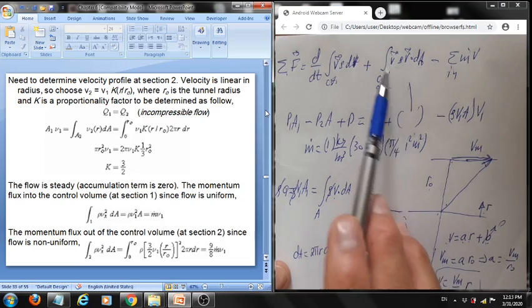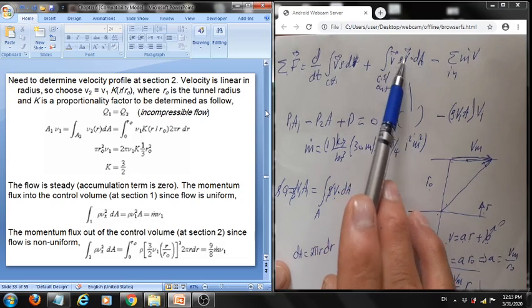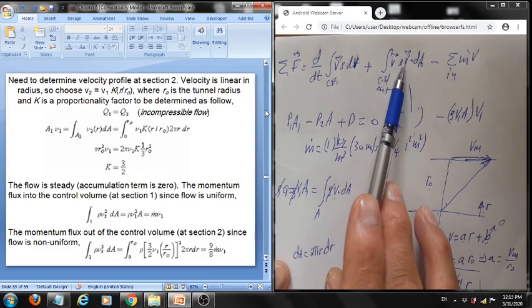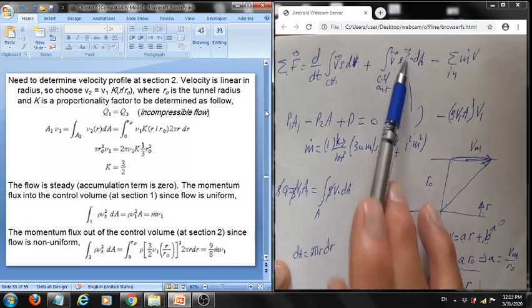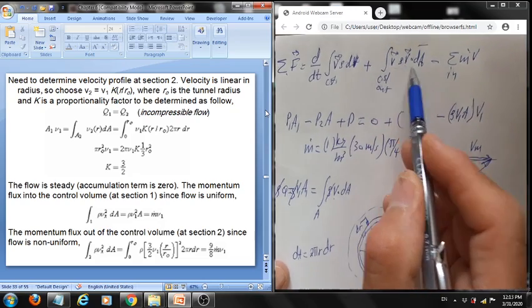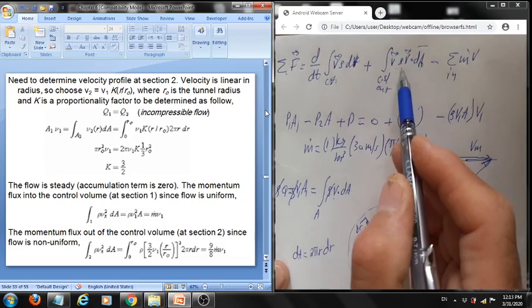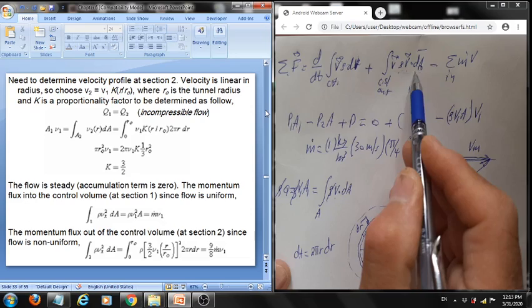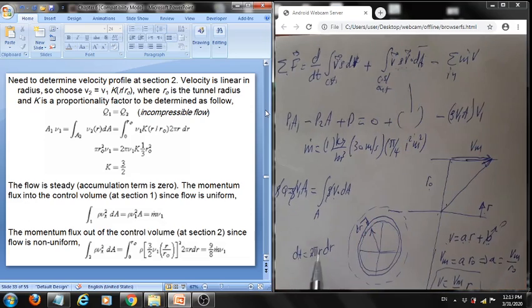Now the computation of the momentum flux at the exit, recognize that the velocity and the area, the angle between them is 0, therefore this will be V dA. So this becomes v squared rho dA, and then we substitute for dA its value in terms of dr.